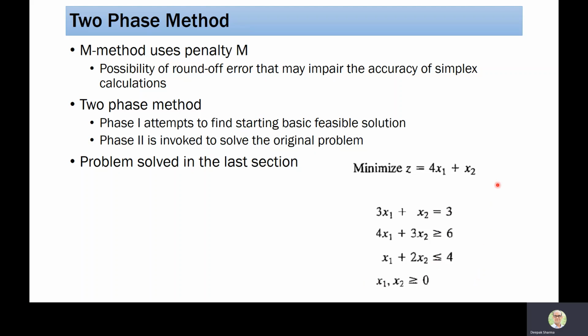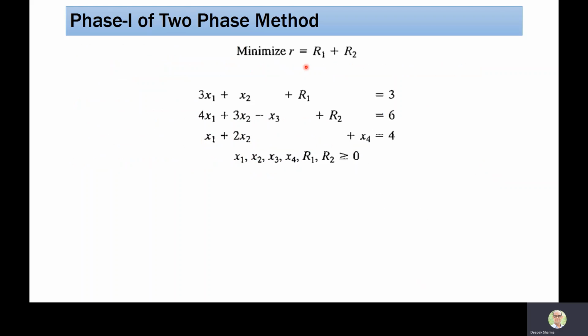We are going to have six variables. These constraint equations are familiar because we did them in the previous example. Now look at the objective function. It is written as minimize R. We are not writing Z, we are writing R as R1 plus R2.